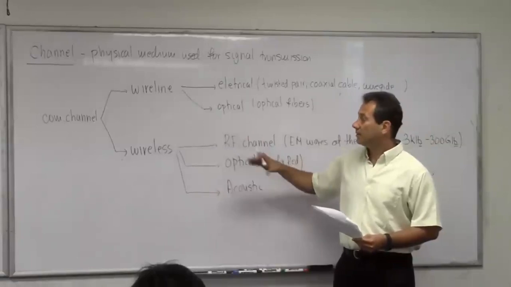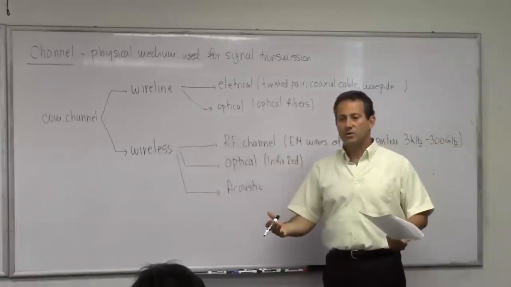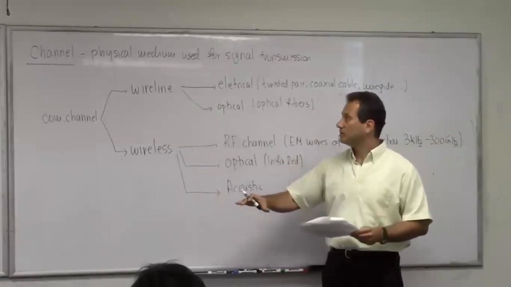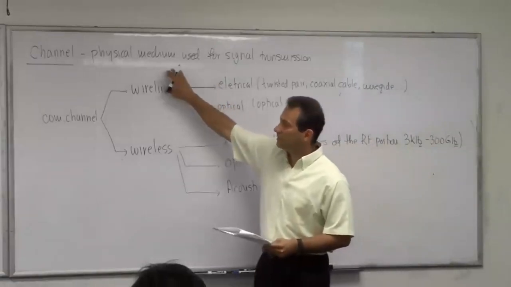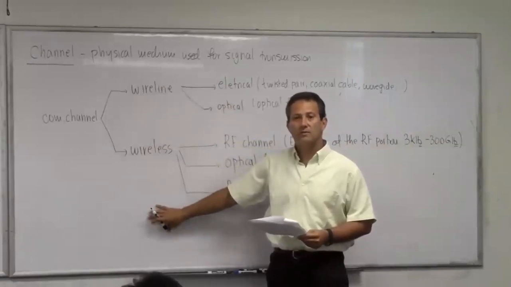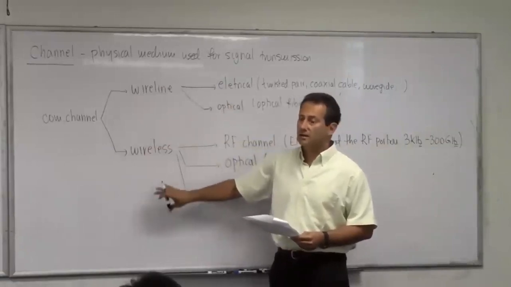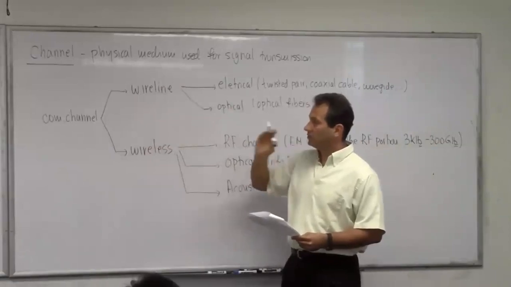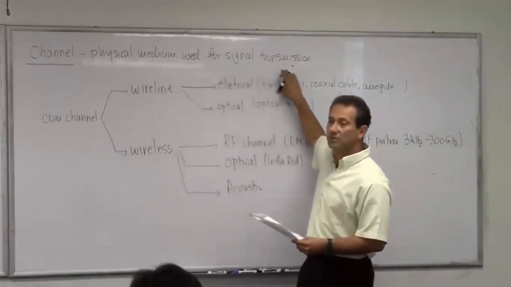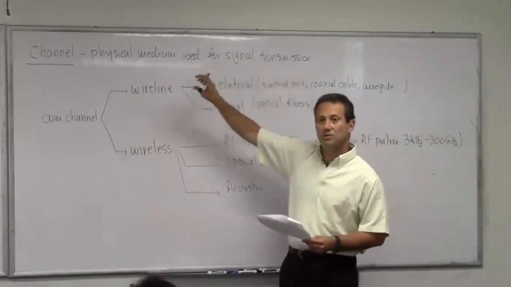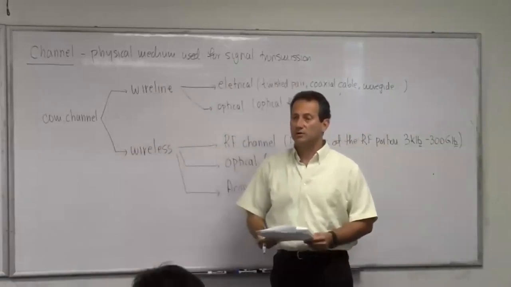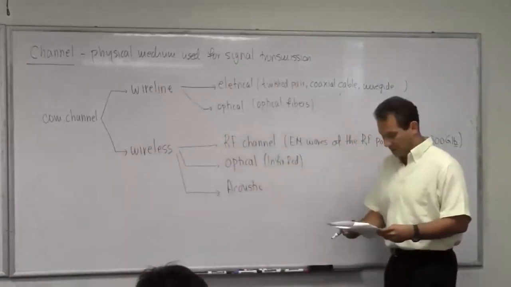But from the standpoint of this course, we're not going to go into that great detail. What we're going to do is derive a mathematical abstraction for all of these channels. We'll see how we can model them mathematically, and then later when you use all of this theory, you're going to say, okay, this is, for example, an electrical twisted pair channel. This fits into this mathematical model. These are the parameters of the model, and we know how it will impact the communication system.